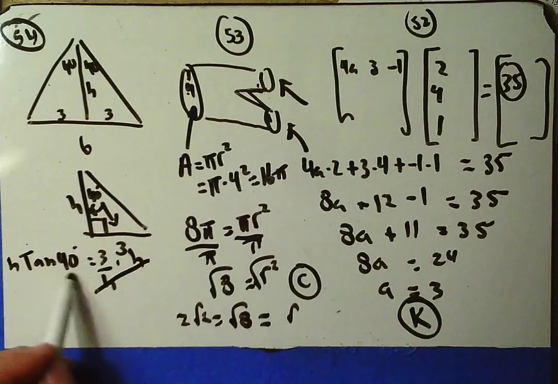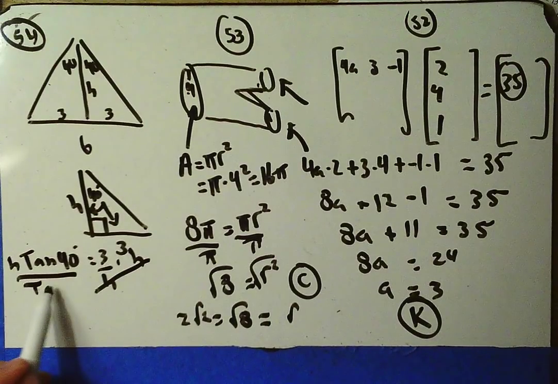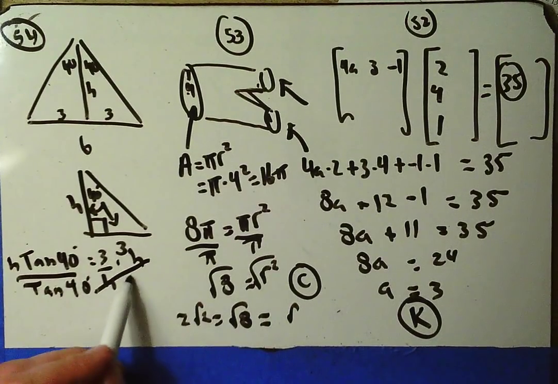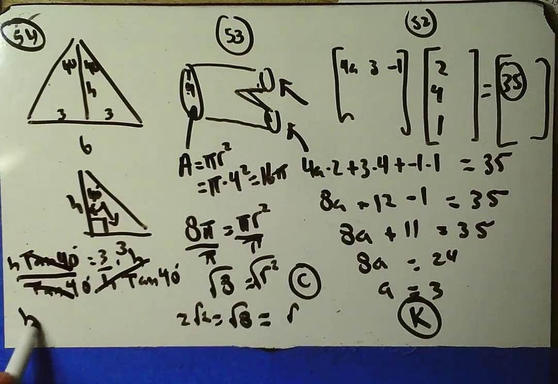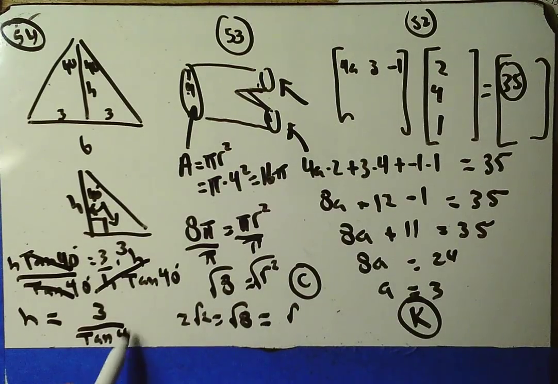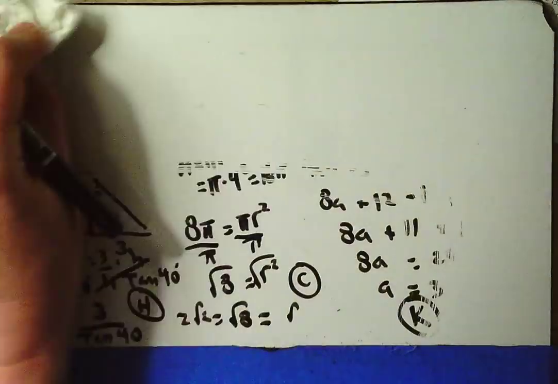But I need h by itself, so I'm also going to have to divide both sides by tangent 40. And so I get h equals 3 over tan 40. 3 over tan 40 corresponds with choice H here. Choice H for number 54. Okay, 55.